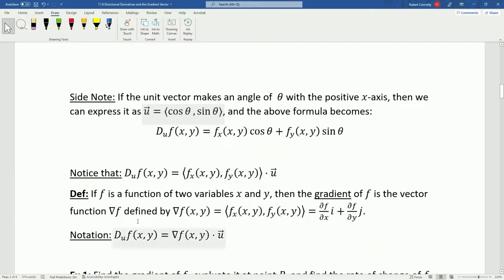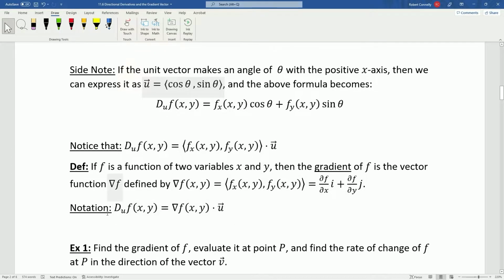So, the definition: if f is a function of two variables x and y, then the gradient of f is the vector function defined by the gradient of f equals the vector of the partial derivatives with respect to x and y respectively. This symbol is called nabla, but I'm just going to say gradient of f. And here's that with our i and j notation.